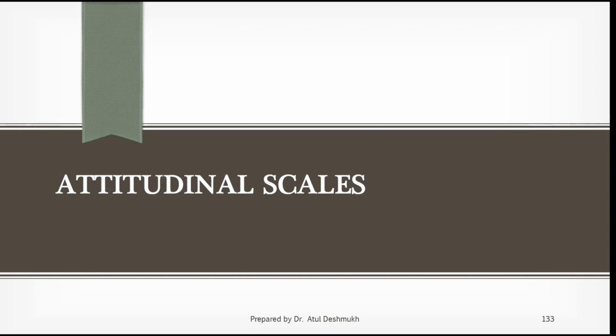Now, what are these attitudinal scales? When you want to study somebody's attitude, you want to enumerate it. Attitude may be positive or negative. When you fit positive and negative attitude into scales, into numbers, into categories, that becomes your attitudinal scale. What information will an attitudinal scale give?